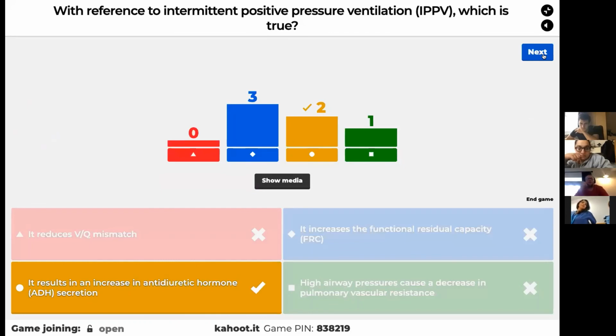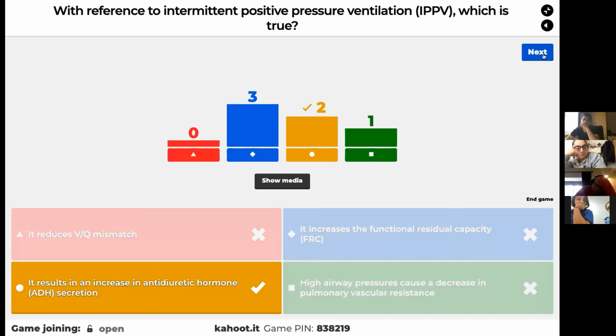Yeah, so that's one of the effects of IPPV, because it does eventually cause overall retention of sodium and water. So in IPPV, when you're lying flat, it will reduce your functional residual capacity because your lung volume reduces, and actually causes an increased VQ mismatch.